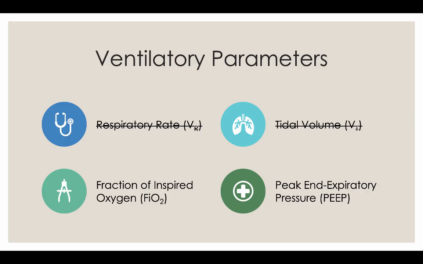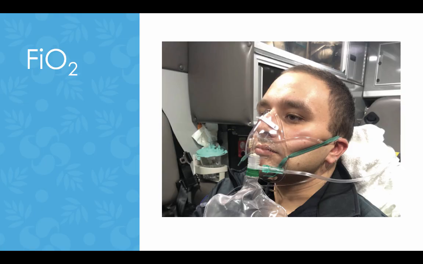So what we're going to focus on is FiO2, the percentage of oxygen that I'm giving my patient, and PEEP, my positive end expiratory pressure. Increasing my FiO2, my fraction of inspired oxygen, is pretty straightforward. We're just going to give them oxygen. So we can move from room air to a nasal cannula.